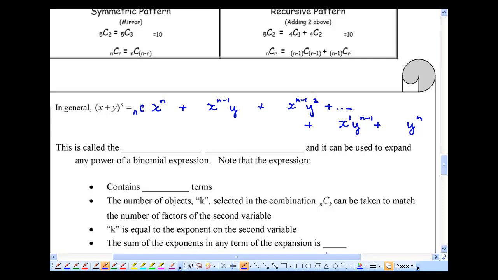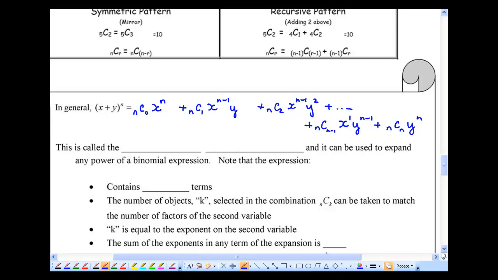n choose, in this case 0, n choose 1, n choose 2, and so on and so forth until here. This is going to be n choose n minus 1. Notice, by the way, that the last part is always the same thing as the power of the y. And this will be then, of course, n choose n.